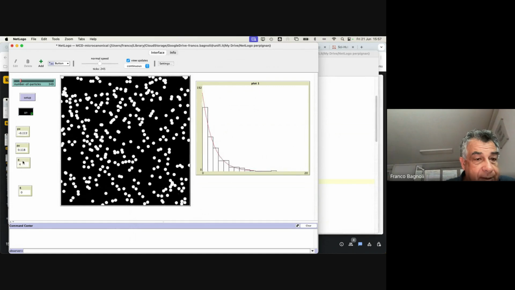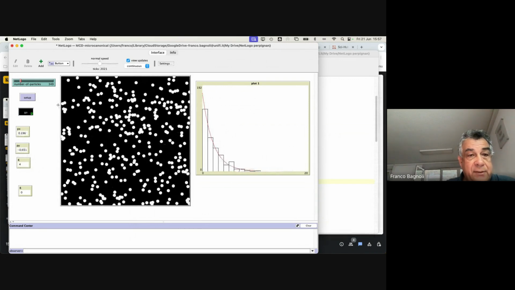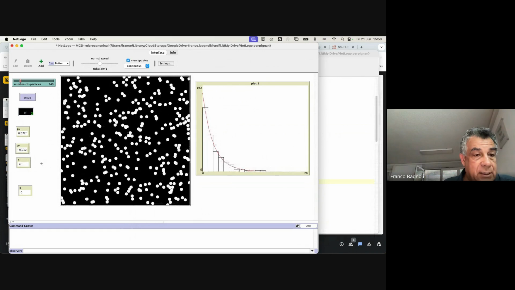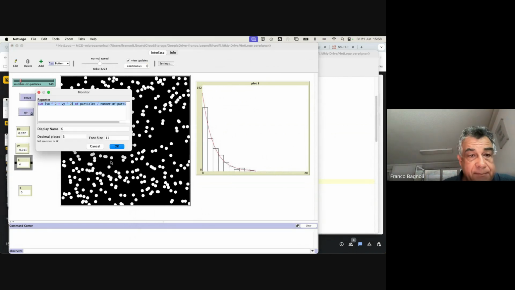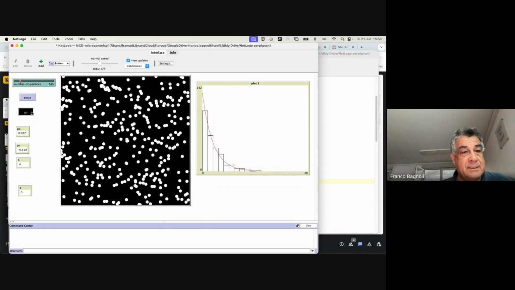Now if you look at the total kinetic energy, essentially it is constant, even though locally it can fluctuate. This is the sum of squares plus some energy of patches, which is essentially zero because it is this one. So this is the total energy of the system, and this is strict.